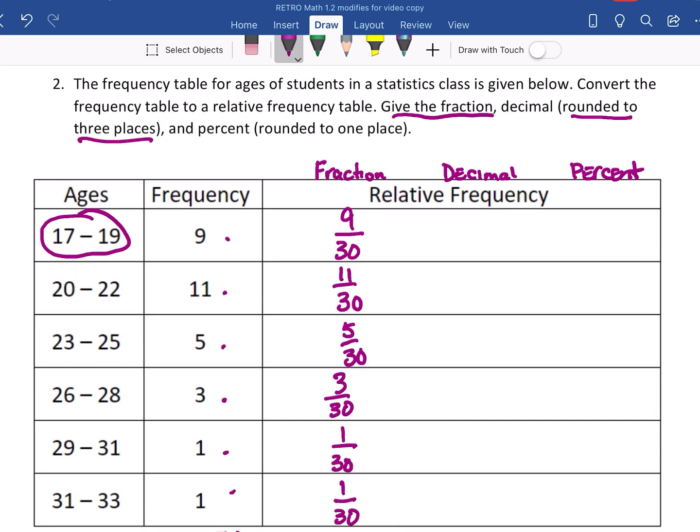Okay, so 9 divided by 30 would be, and this one's weird because what you really get is 0.3.